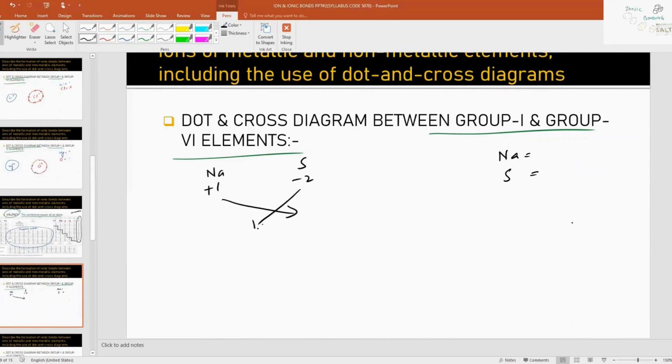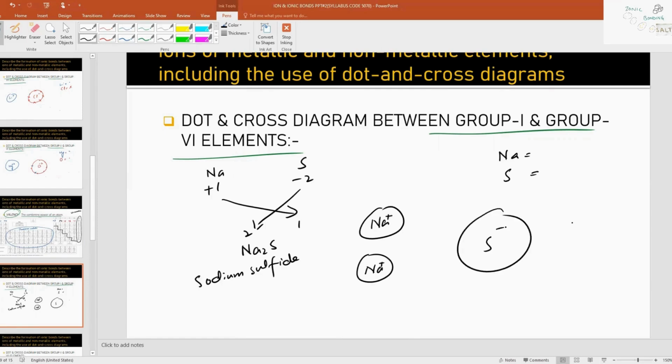So the formula will be Na2S, sodium sulfide. There will be 2 atoms of sodium. Both are losing 1 electron, so there will be a plus 1 charge on each sodium atom, and the sulfur atom will take up those electrons, forming a minus 2 charge. 1, 2, 3, 4, 5, 6.